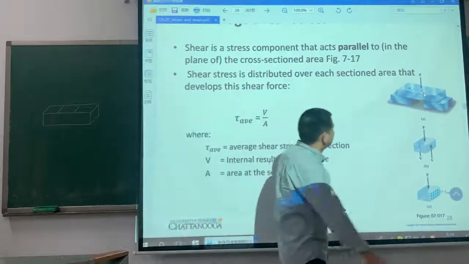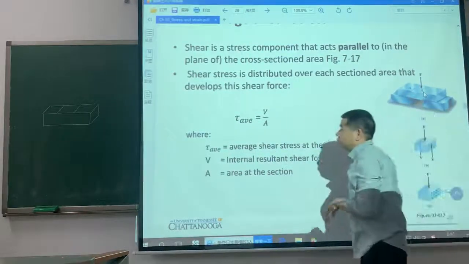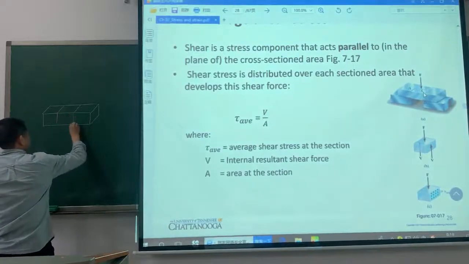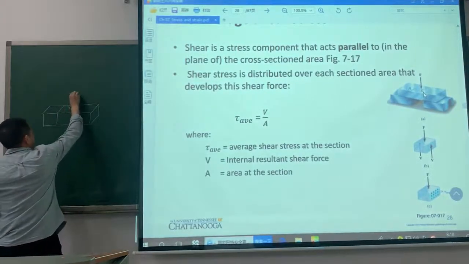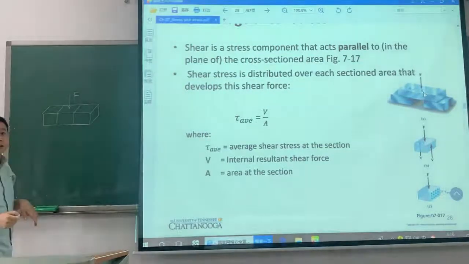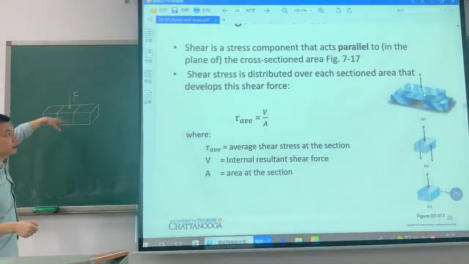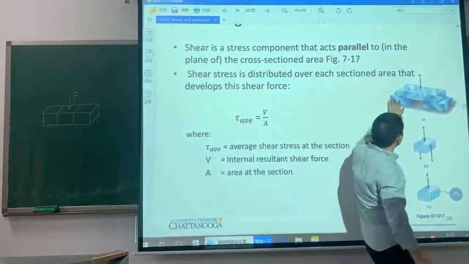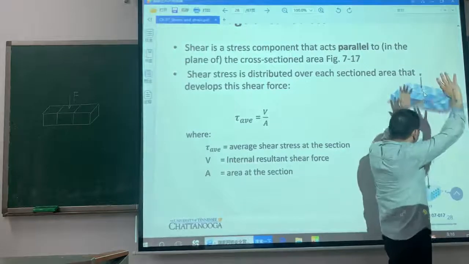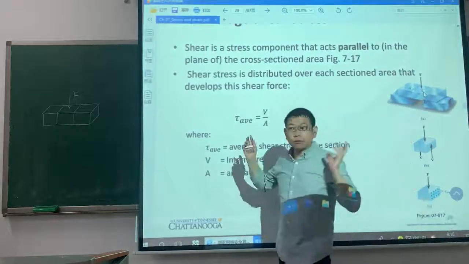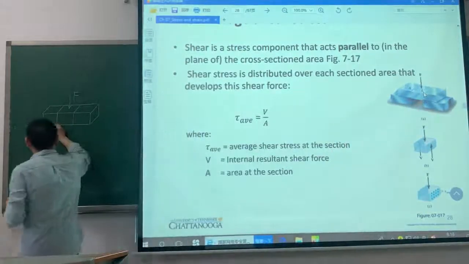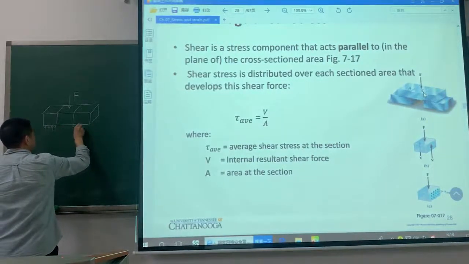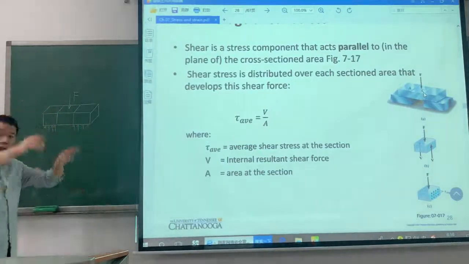It's F. F is exerted at B. The block will exert a force on the rod. Where does it exert the forces on the rod?